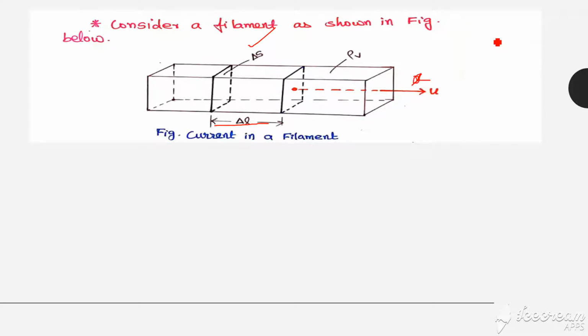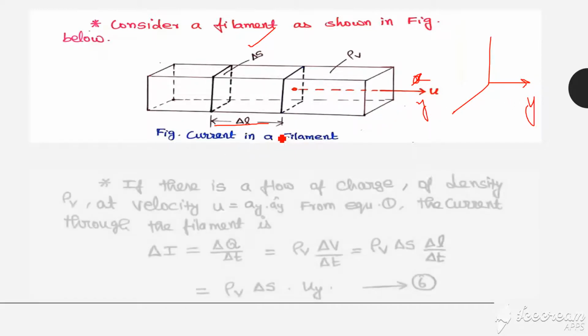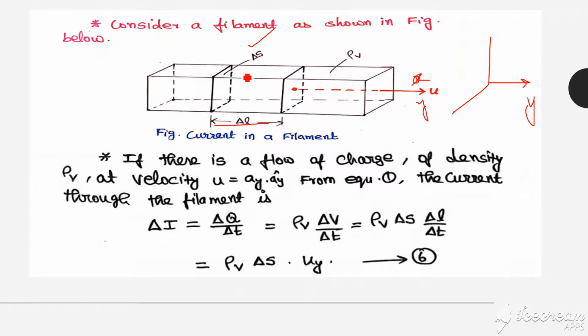If there is a current flow, there is a flow of charge of density rho_v at velocity u equal to u a_y, from equation 1.